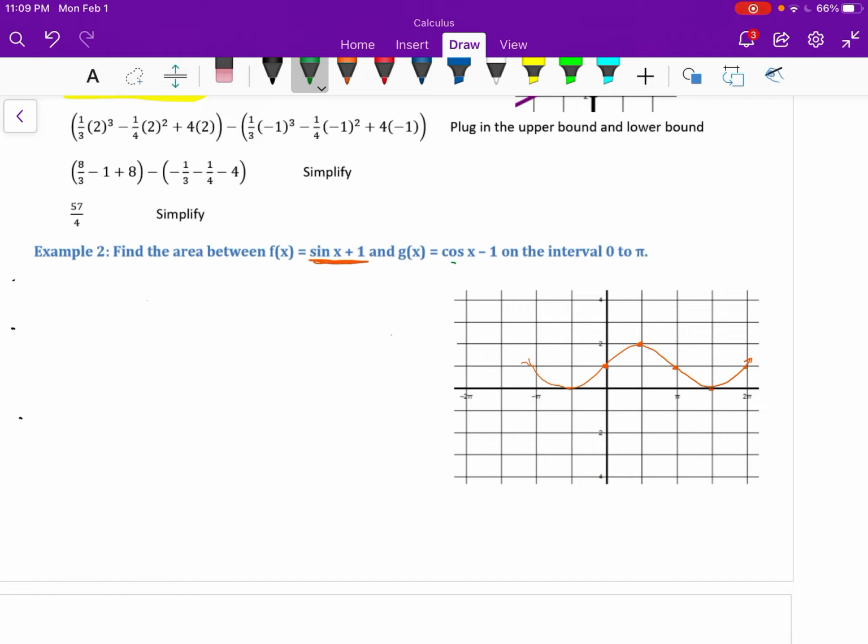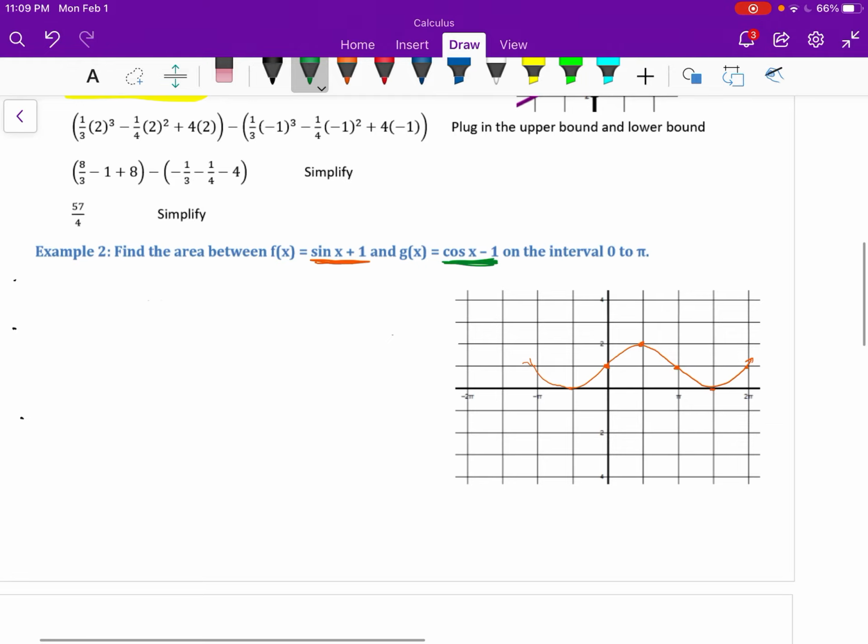And then in green, we'll go ahead and graph cosine of x minus 1. So it's going to be the cosine graph, but moved down 1, which means this would be the midline of the cosine one. So it starts at 0 because it's moved down 1. Goes down to the midline, goes down below the midline, and back up.